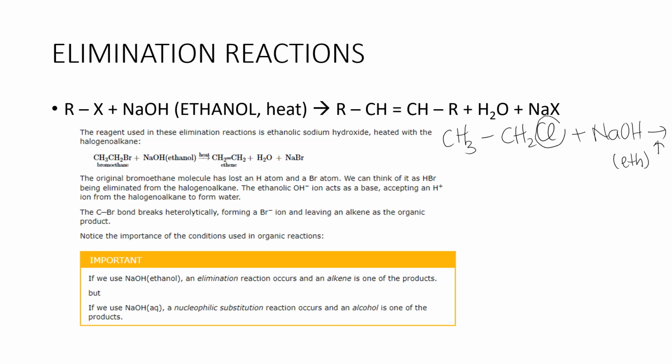The Cl attached to the C will leave the molecule, and then the H from the next carbon will leave the molecule to form an alkene plus H from here, Cl from here to form HCl. The HCl reacts with NaOH to form NaCl.